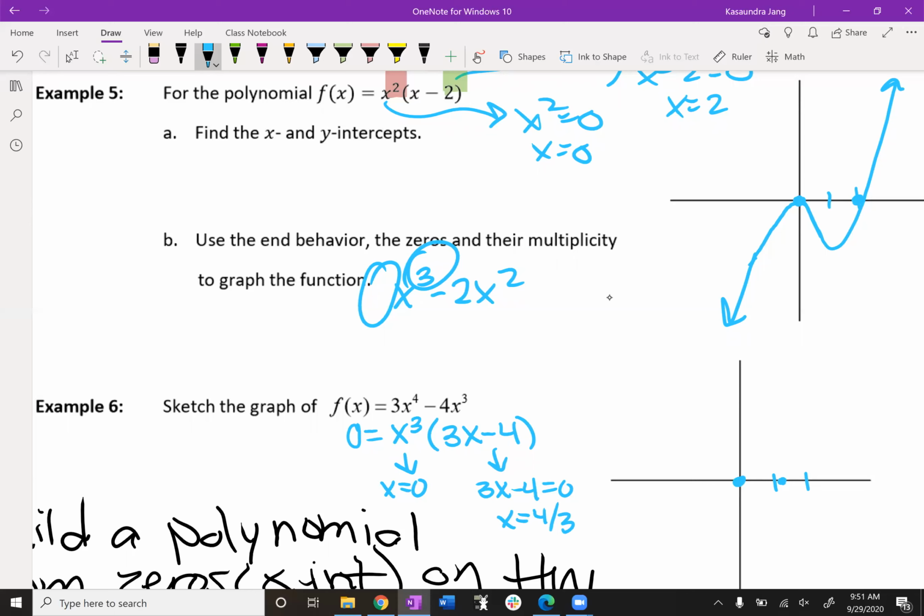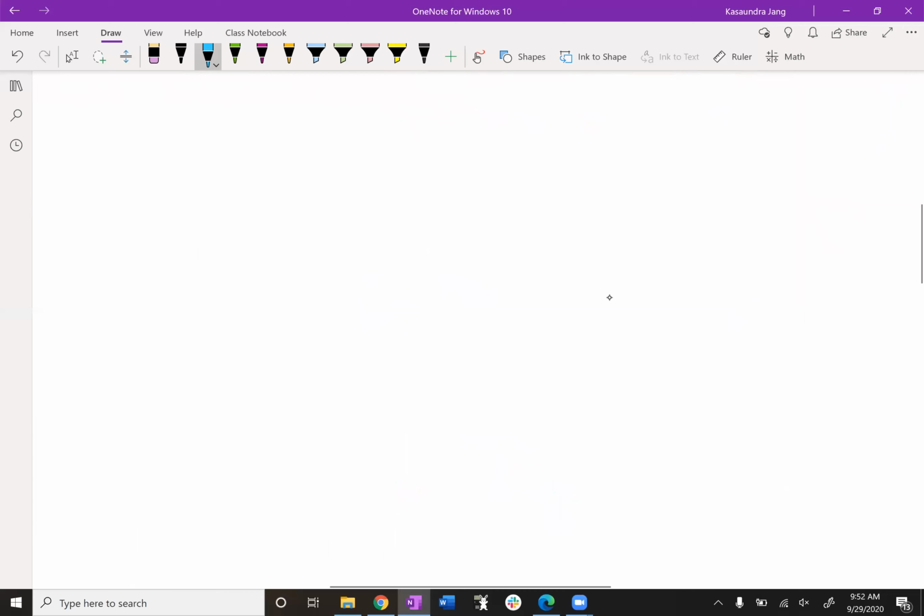All right. End behavior. Let's talk about the end behavior real quick. So Laura, what's the left end doing on this one? I'm trying to figure out the first part of the problem. The end behavior, yeah, so it's off of my degree and my leading coefficient. It's a degree 4 with the leading coefficient of 3.